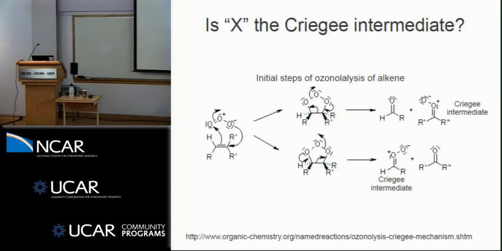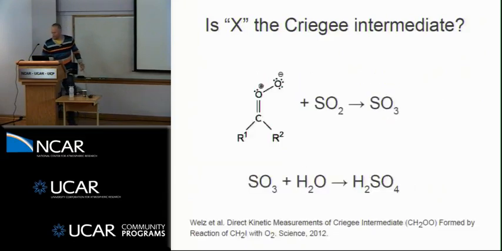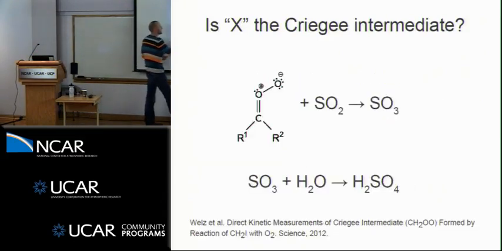It's more of a zwitterion that has two very reactive oxygens, one which tends to hog an electron, the other which tends to want an electron. So these are very reactive. It's been known that this Criegee intermediate reacts with SO2 to form SO3, the same step as when you have OH plus SO2, and then this can go on to react with water to form sulfuric acid.